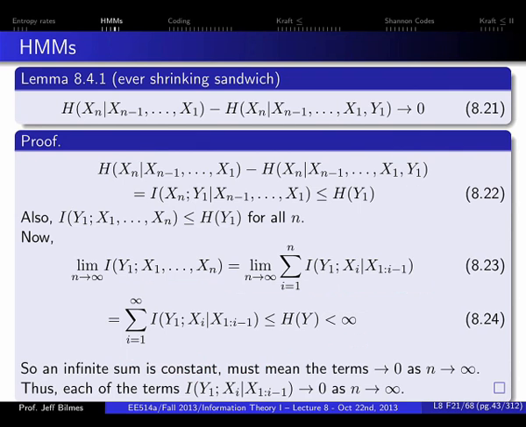So we've got an infinite sum which is a constant, which means that the terms must go to 0 as n gets big. And since each of the terms is essentially this difference, that difference must go to 0.